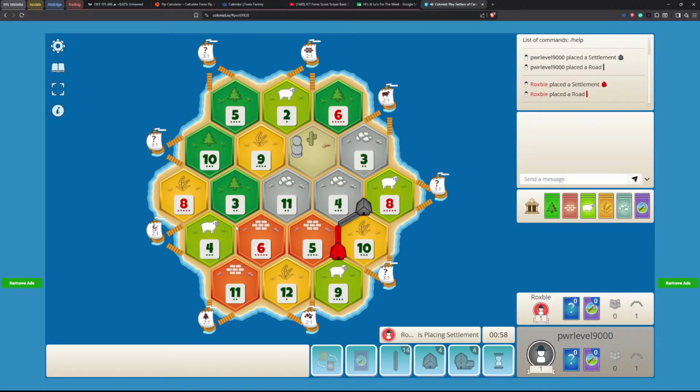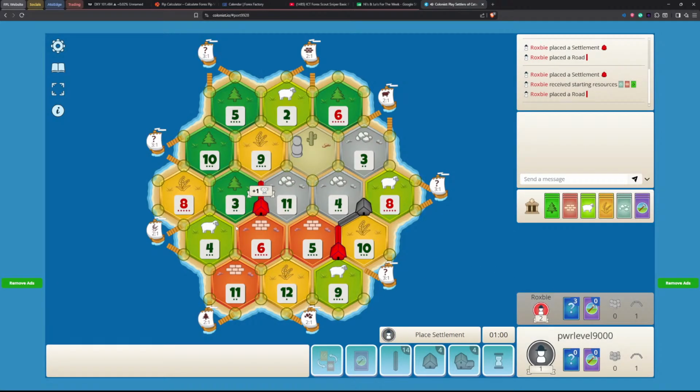Well, that's actually not bad. So he takes the only tree and brick, meaning that he can definitely get that. We call any tree and brick. There's no other tree and brick from the place he went.